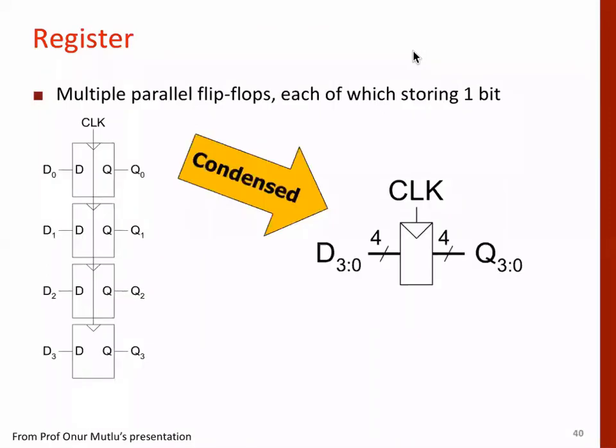Now from the D-type flip-flop. One D-type flip-flop can store only 1 bit. So we can create a register out of these flip-flops by putting them in parallel. Here we have 4 flip-flops, D-type flip-flops, so we can create a register which can store 4 bits.